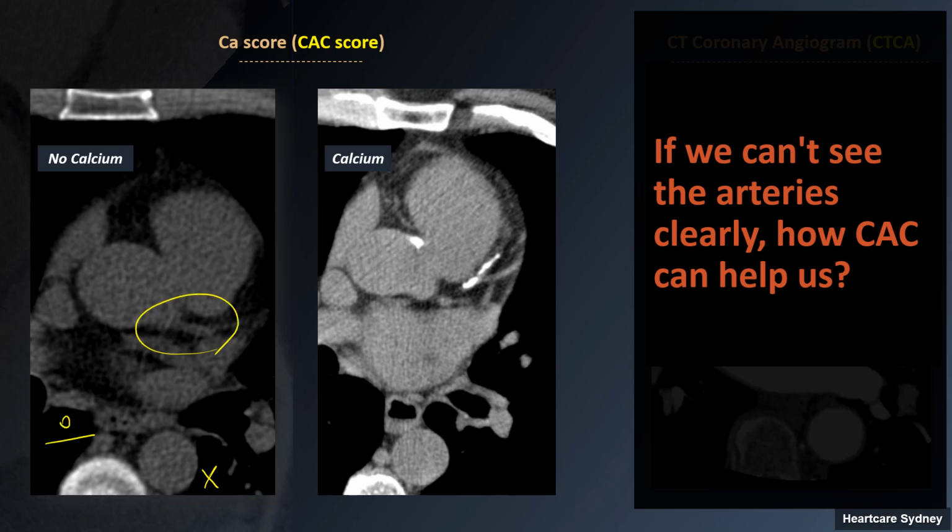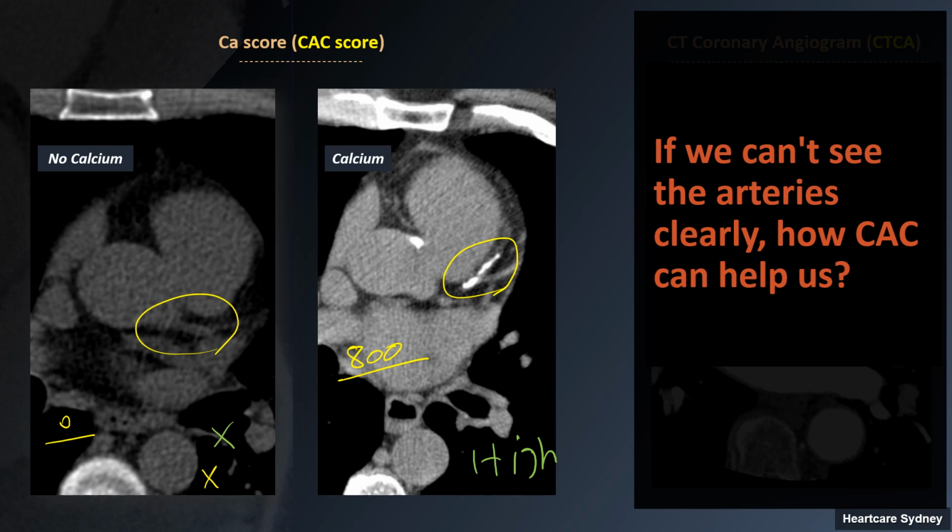And on the right, we see that this person has got a significant amount of calcium present in the coronary arteries. Here the calcium score of this person was actually 800, which is severely elevated. By looking at these pictures, we can only, remember, we can only say that this person is at higher risk of heart attack in future compared to this person.